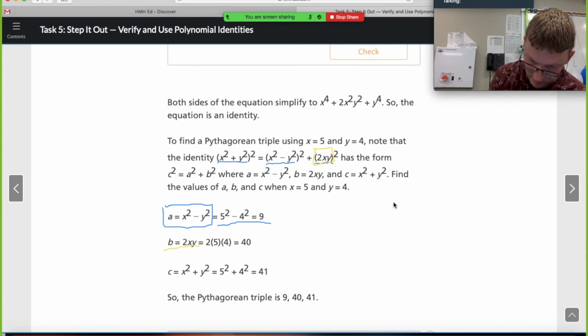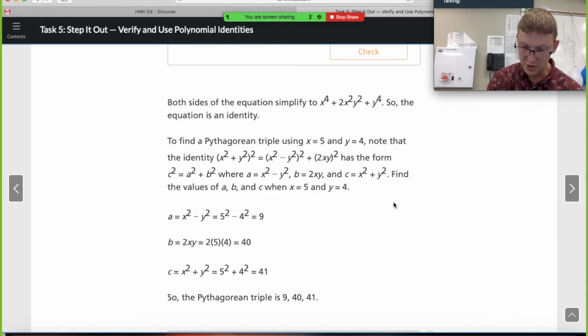Plug in the values, x equals 5, y equals 4. We get a number. So a equals 9, b equals 40. So c, we could either use a squared plus b squared to solve for c squared, or we have a nice little equation right here. c squared is just going to be x squared plus y squared. Plug in some numbers. There is our c squared.